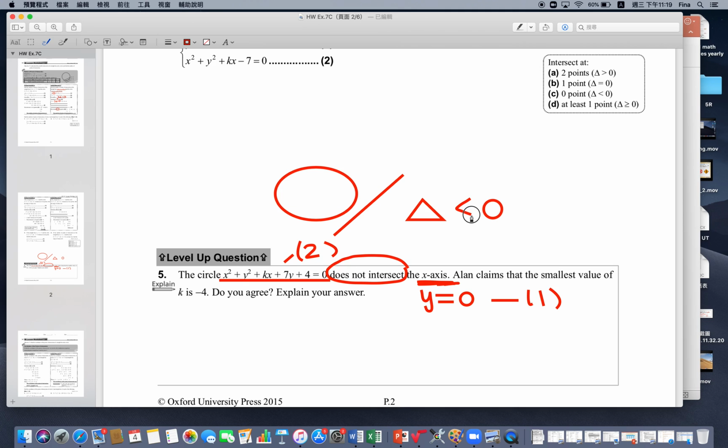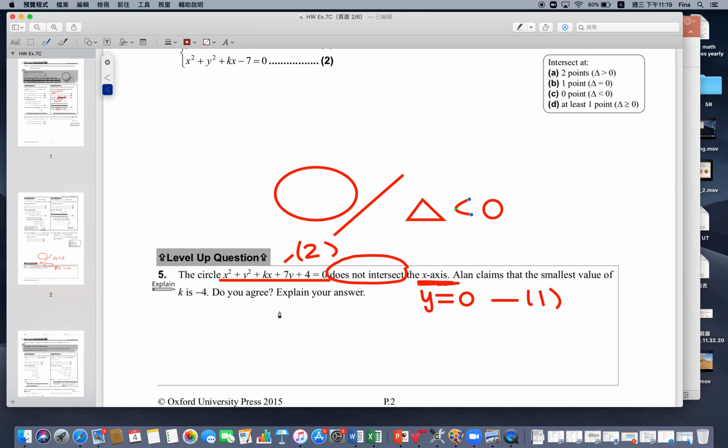I said it wrongly, because they didn't have any intersecting point. So the delta should be less than 0. Then I think you can find the smallest value of k, then check if it is correct. You can try this and do it correctly.